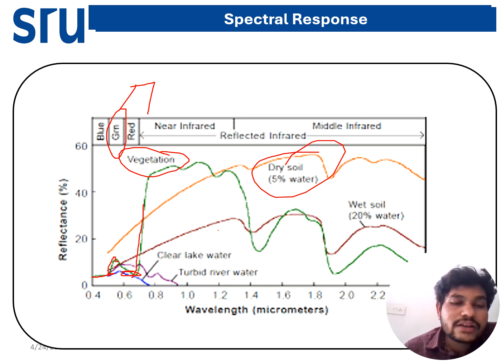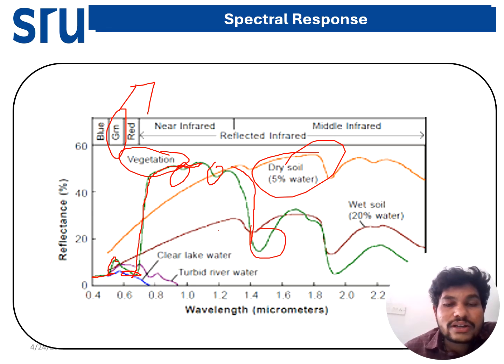And infrared radiation still increases, somewhat decreasing in the near infrared because of the internal structure of the tissue. Again at 1.2 micrometers there is a decrease. At 1.4 it increases because of the internal structure, and again it decreases because of moisture present in the vegetation.